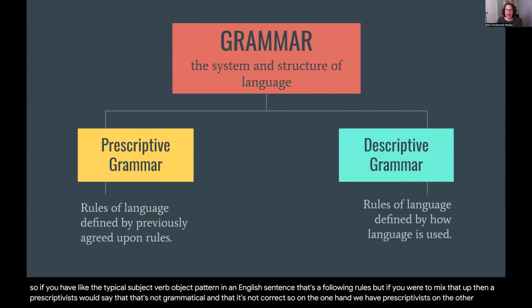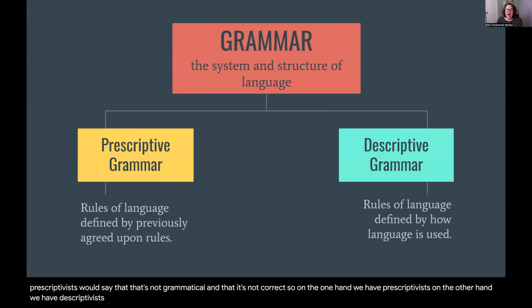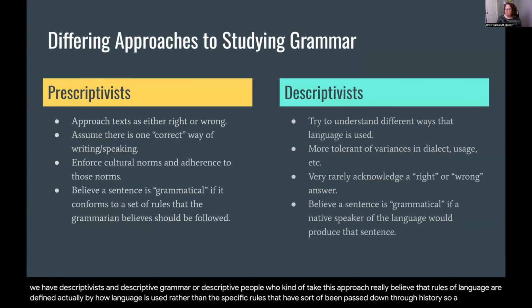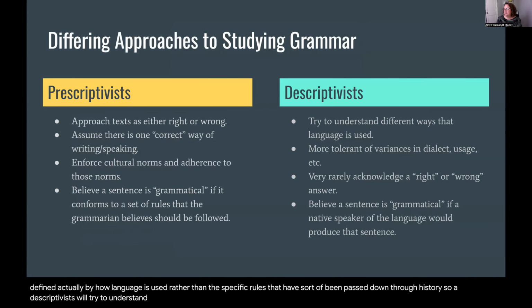So on the one hand, we have prescriptivists. On the other hand, we have descriptivists. Descriptive grammar, or people who take this approach, really believe that rules of language are defined by how language is used rather than the specific rules that have been passed down through history. A descriptivist will try to understand the different ways that language is used. They'll be more tolerant of variances in dialect or usage.